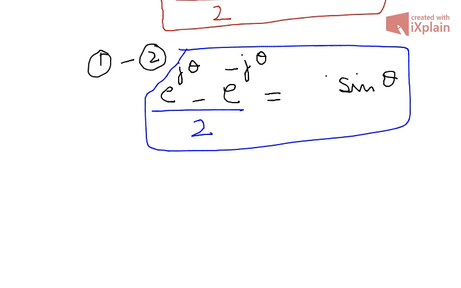From Euler identity you can get these expressions. Now you can see that you can write a complex exponential in terms of sine theta and cos theta, or alternatively, sine theta and cos theta can be written as the sum of complex exponentials.